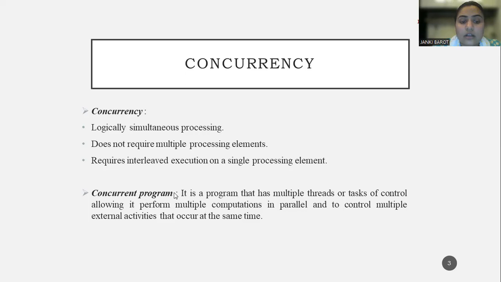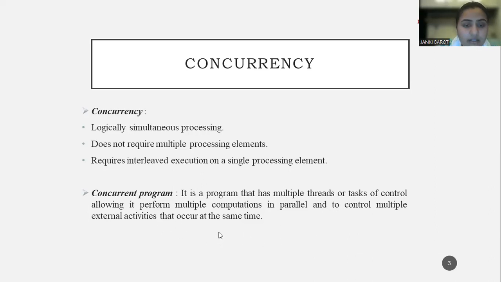It is a program that has multiple threads or a task of control, allowing it to perform multiple computations in a parallel mode, and to control multiple external activities that occur at the same time.